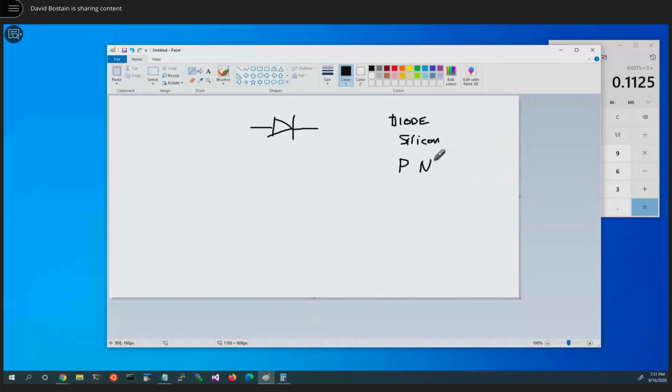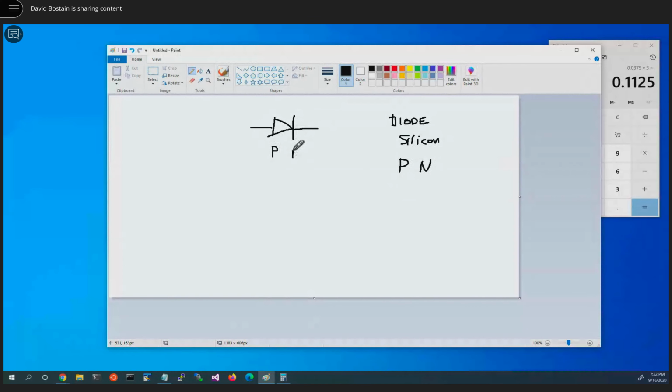N material, negative, has too many electrons for the chemical element silicon, so it has a bunch floating around in it. The P material has a bunch of holes, which are just kind of waiting for electrons to fall into. We often call these, when they're pushed together, a p-n junction. A diode is an example of a p-n junction. The arrow part is the P part.